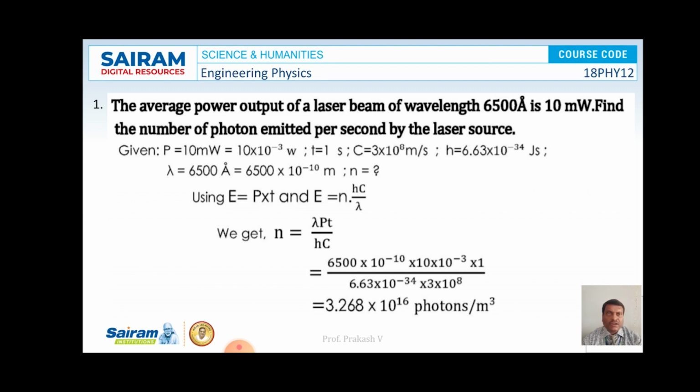We have to calculate n, the number of photons emitted per second. We know that n is equal to lambda pt by hc. This is the formula. Substitute the values of lambda, power, time, Planck's constant and velocity of light. After substitution and simplification, the value of n is calculated as 3.268 into 10 to the power 16 photons per second.